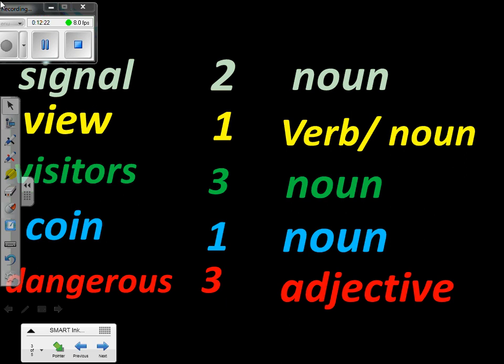Noor, what is the meaning of dangerous? Malak. Yes, Malak. The line is dangerous. Dangerous is something which will harm us. Anything which is harming us is very dangerous.